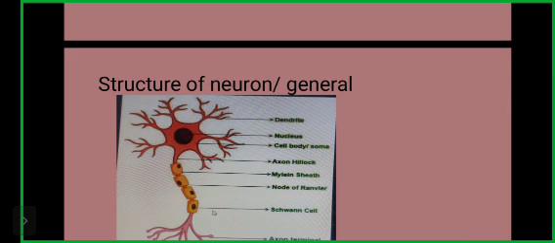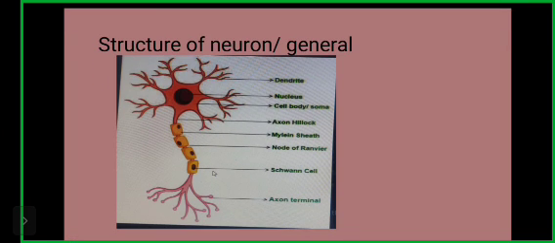Now we want to look at the structure of a neuron in general. When you talk of a neuron, how does it look like? Specifically, a neuron has this structure, and the structure is not different from what we had in the secondary school.